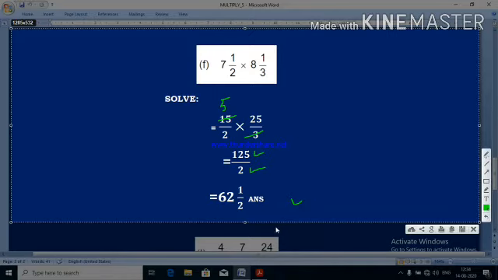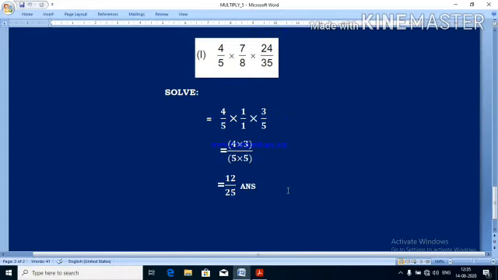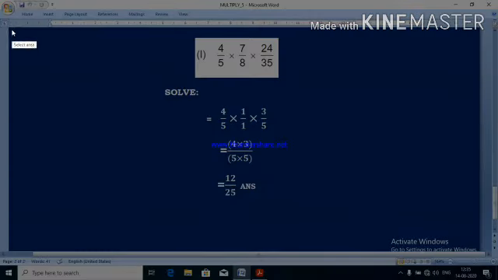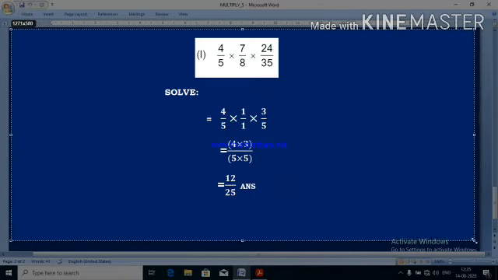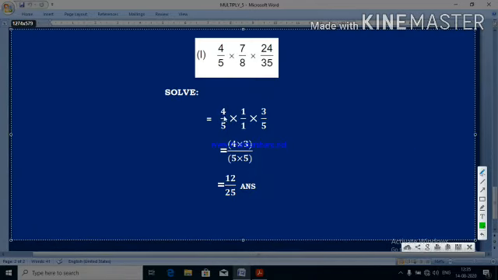Okay, next question is fraction into fraction into fraction. Same thing here, 4 into 7 into 24, 5 into 8 into 35.